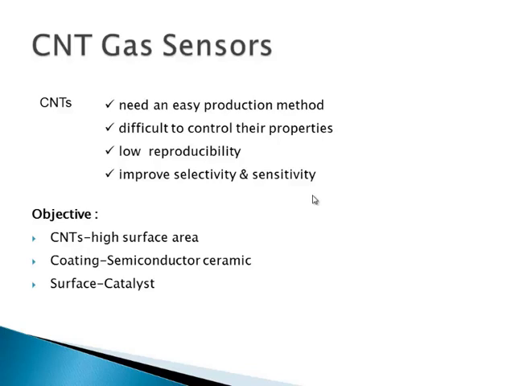So in this work, we used carbon nanotubes because they have high surface area, and we coat them with a semiconductor ceramic, and we can also use a catalyst above the ceramic.